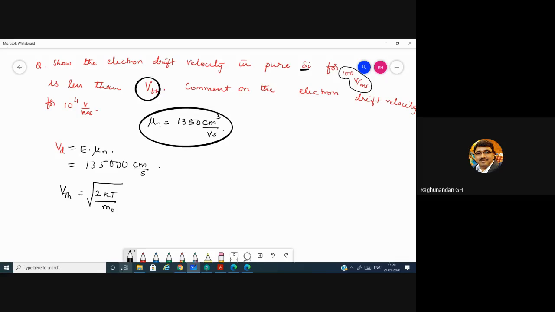K value. What is K? Boltzmann constant. Yes, Boltzmann constant. What is T? Temperature. How much will it be considered usually? Room temperature. So that will be 300 Kelvin. Right?